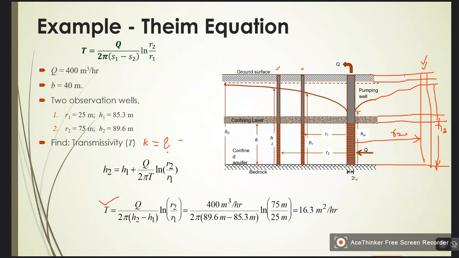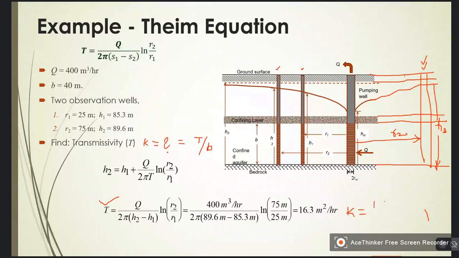K is equal to T divided by B. That's all. So answer is K is equal to 63 by 40.